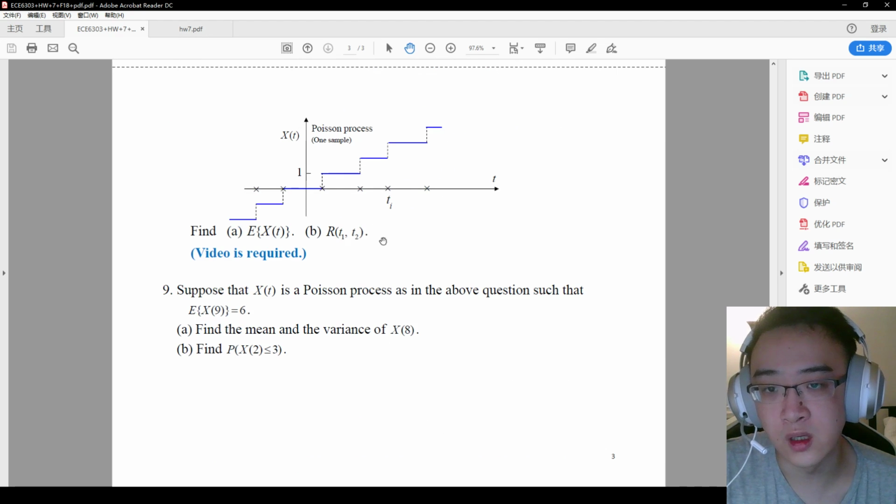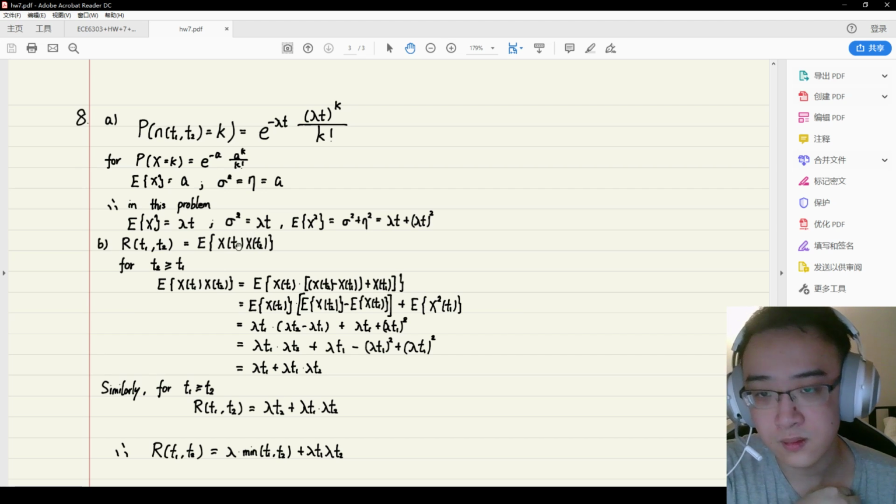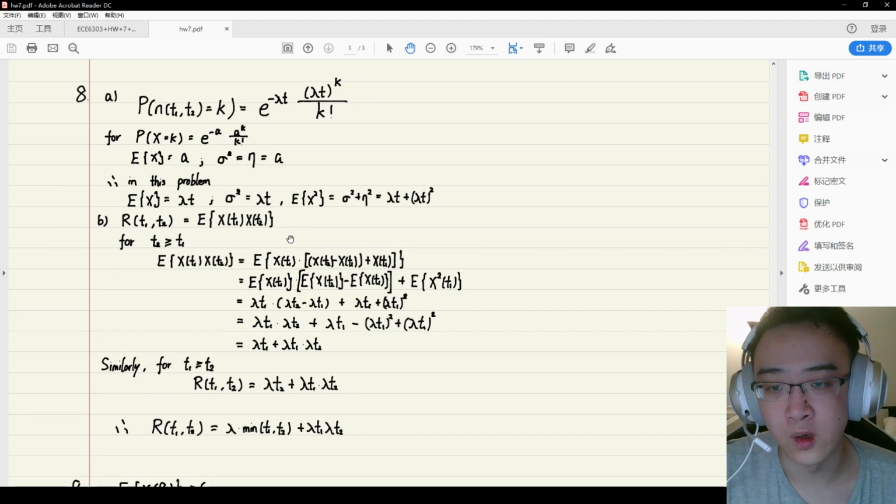Then for question B, we need to figure out R(t1, t2), which is equal to the expected value of X(t1) times X(t2). We use two situations to discuss it.